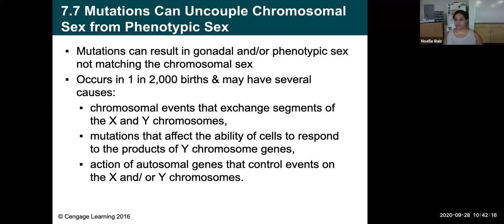There's an action of some autosomal genes that control events on the X and/or Y chromosome. So there's a lot of reasons that people might not develop into full females or full males. If something goes wrong with any of those steps, then you end up with an intersex person.